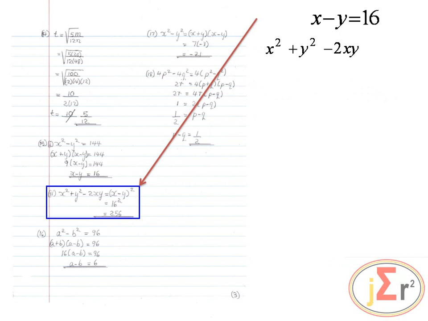There we have x minus y is equal to 16, and x squared plus y squared minus 2xy. That is what we have right here, and I am saying that that expression is a perfect square.